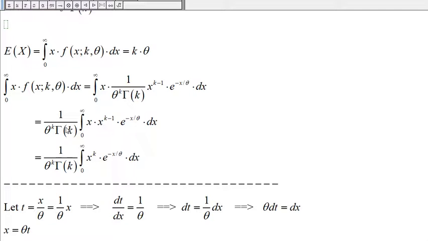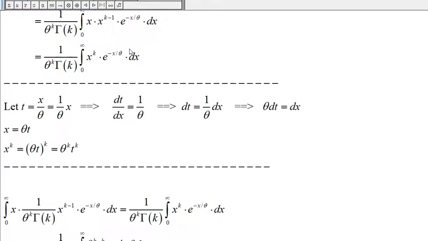So we can move it and place it in front of the integral. This is x to the first times x to the k minus 1. And so we just add the exponents, it'd be 1 plus k minus 1, which is k.